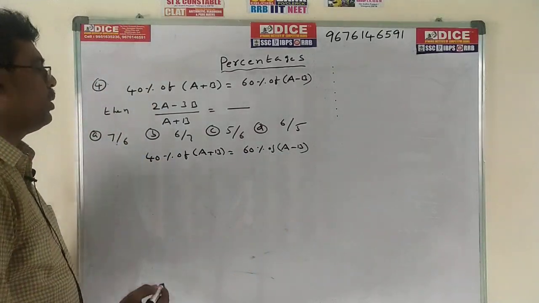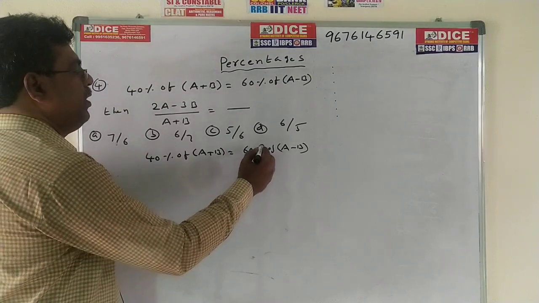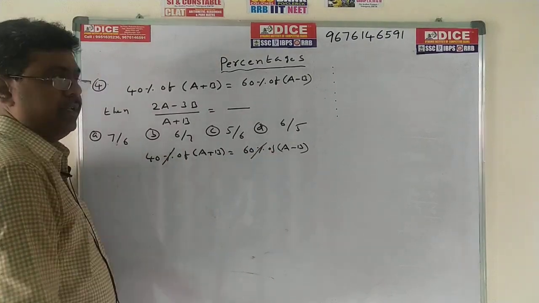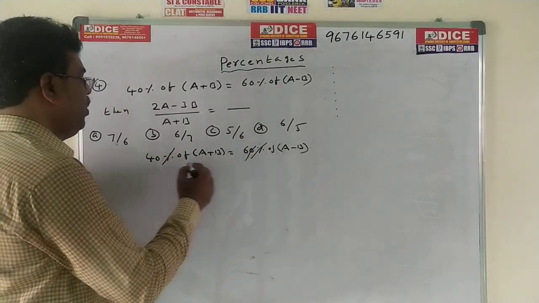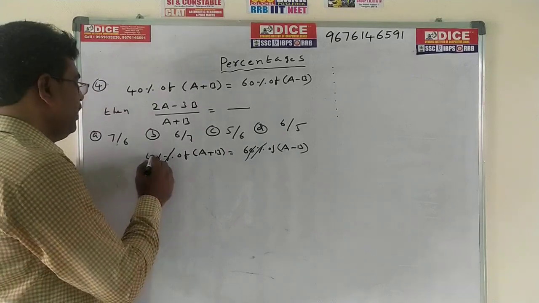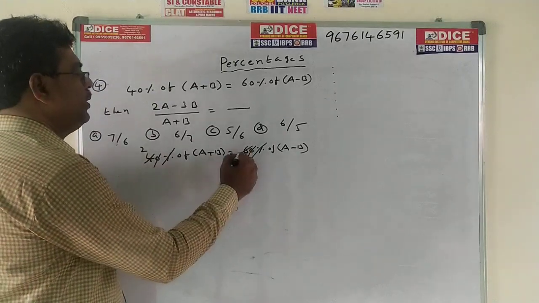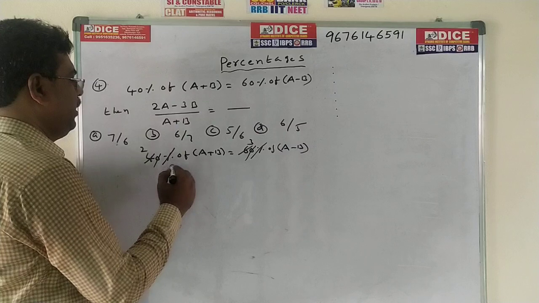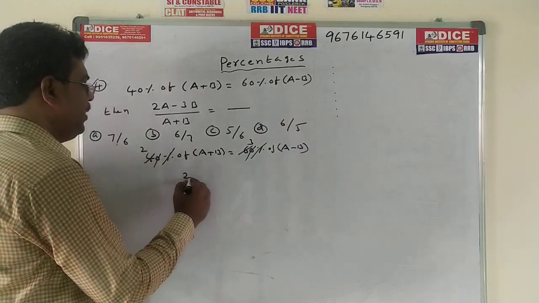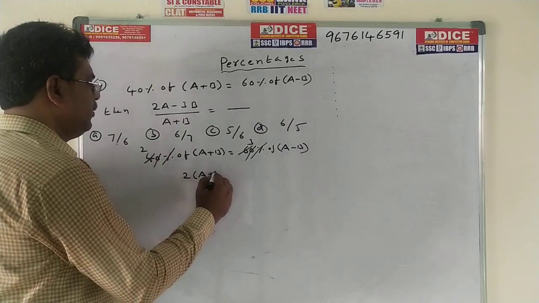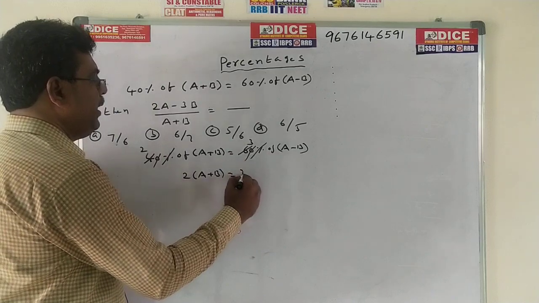So what we are doing is, first of all, percentage cancel, this 0 0 cancel, 2 twos are 2, 3 twos are 6. Here remaining 2 into a plus b is equal to 3 into a minus b.